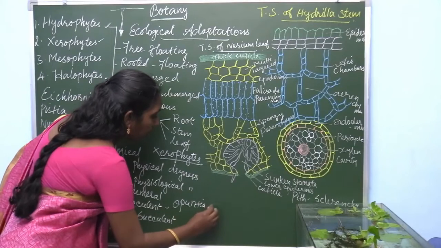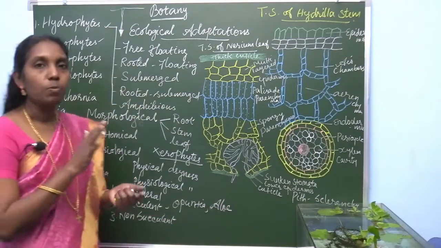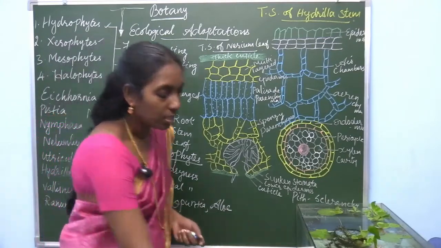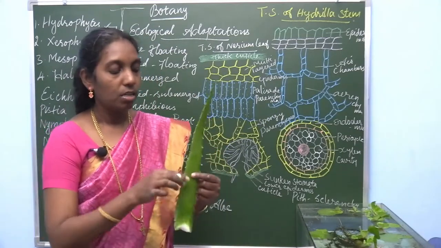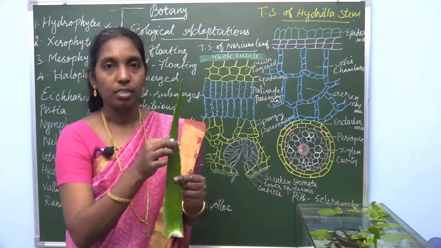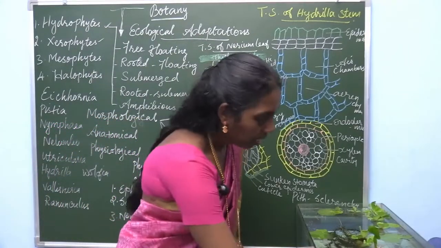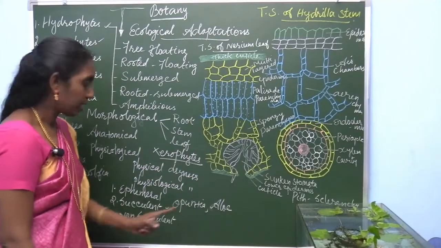These plants store water in their parts. This is the example Aloe, a succulent xerophyte. In its leaf part, it stores water. That is succulent xerophyte, Opuntia as well as Aloe.